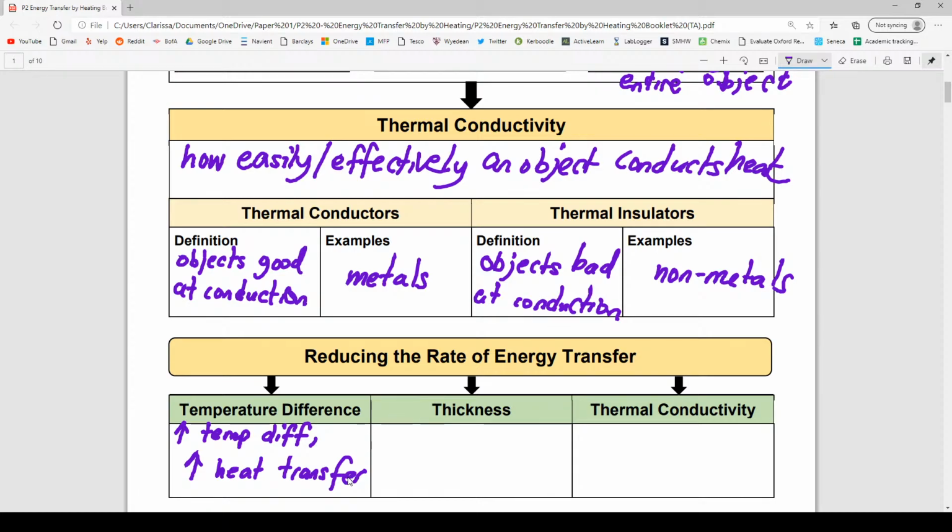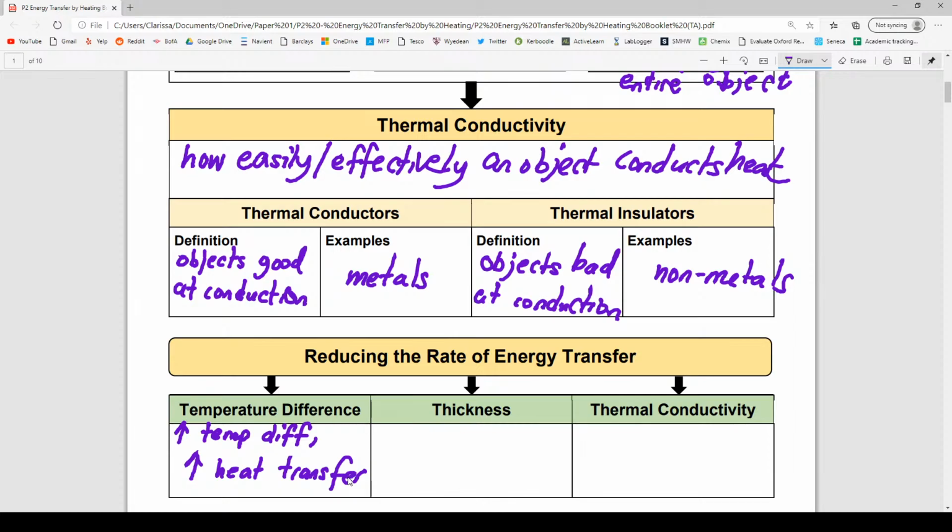Well, your house is going to lose heat a lot quicker than if it was 25 degrees inside and 21 degrees outside. If the difference is very, very small, it's not going to lose heat as fast. Whereas if the difference is really, really big, you're going to lose heat a lot faster.